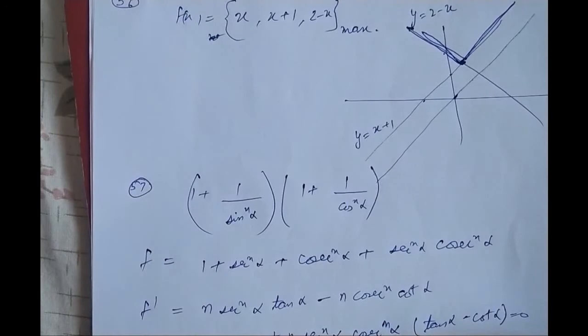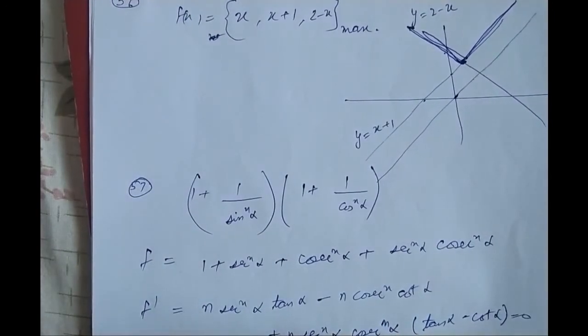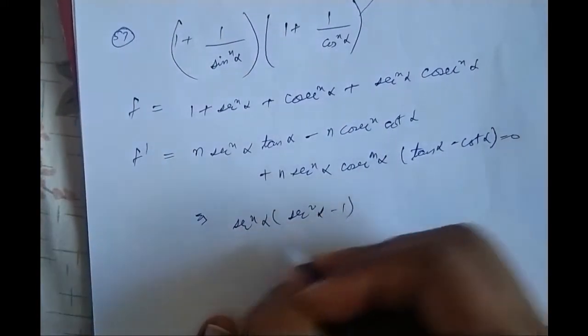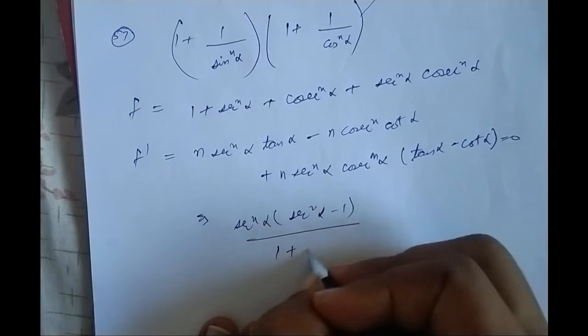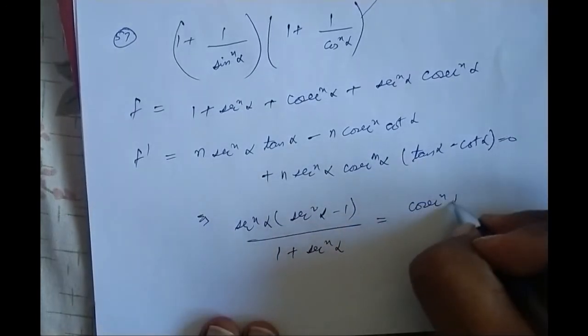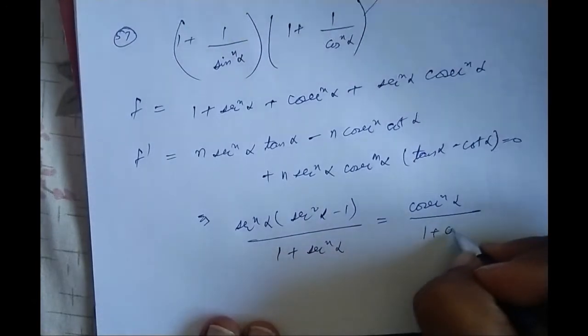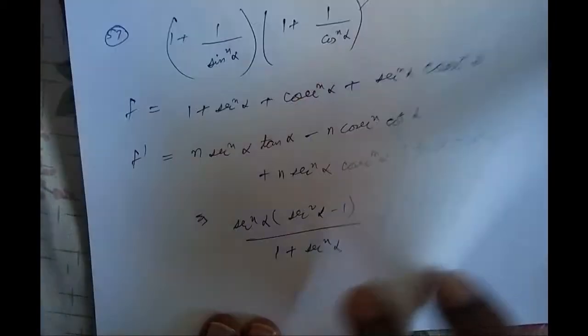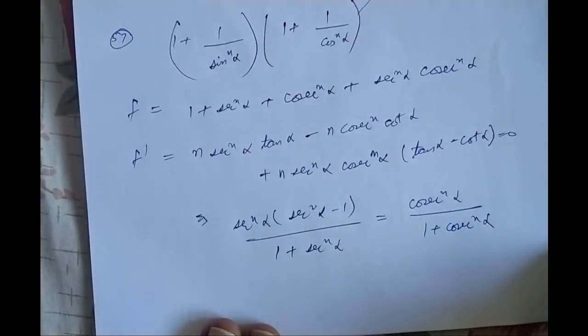Okay, sec power n alpha, sec square alpha minus 1 upon 1 plus sec power n alpha is equal to cosec power n alpha upon 1 plus cosec power n alpha. So we can simplify this equation.